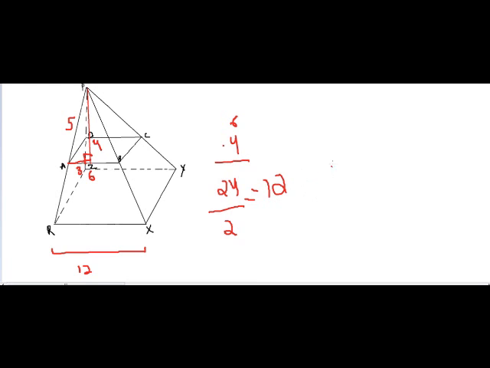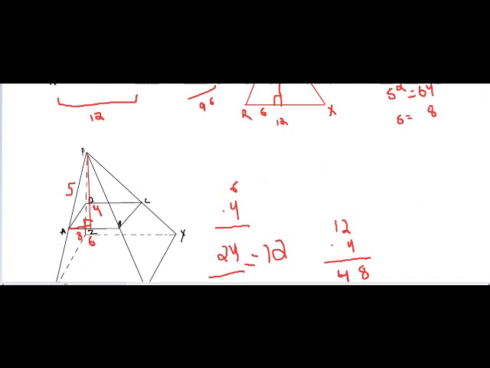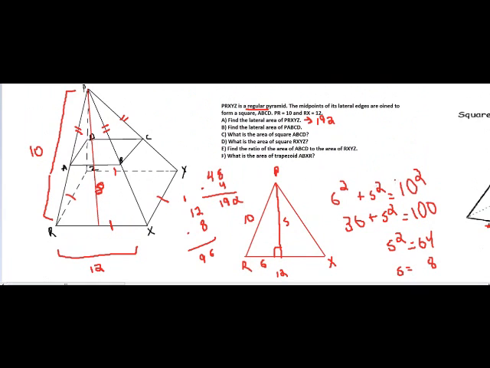And then, because there are 4 of these congruent triangles, and ABCD, they tell us, is a square, so it has a square base, it would be a regular polygon, so all 4 triangles would be congruent. So 12 times 4, you get 48, and that is the lateral area of PABCD, because we're not including the base. So the lateral area of PABCD is equal to 48.